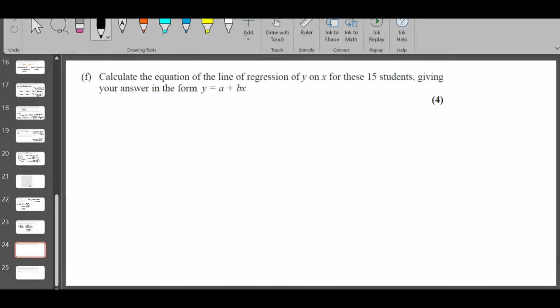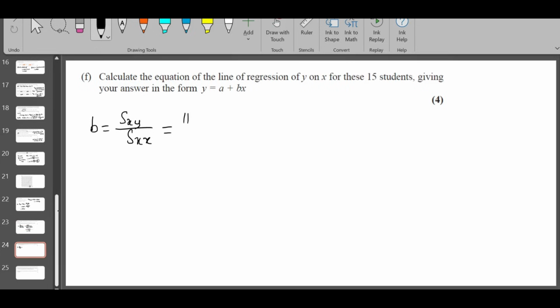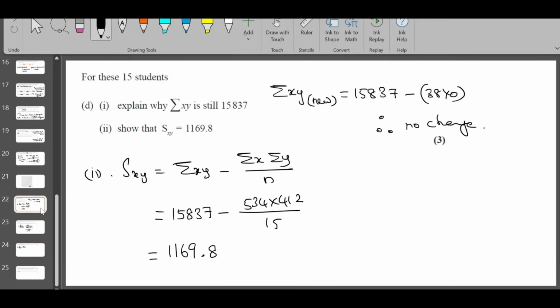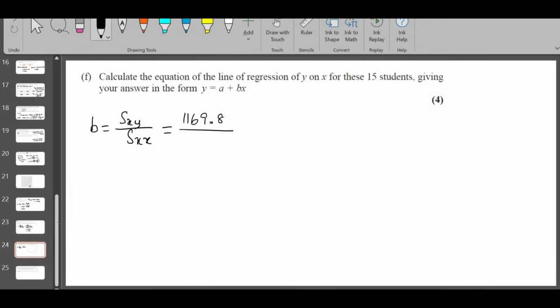Part F. Calculate the equation of the line of regression of y on x for these 15 students, giving your answer in this form. Okay, let's find b first. The formula is Sxy over Sxx. So Sxy is, we just calculated here, 1169.8 over Sxx, which is 965.6.